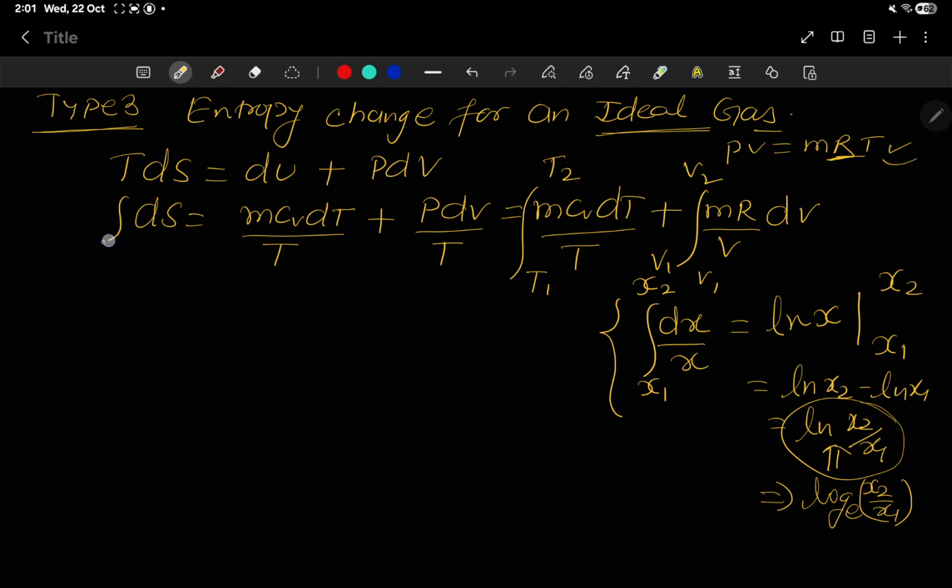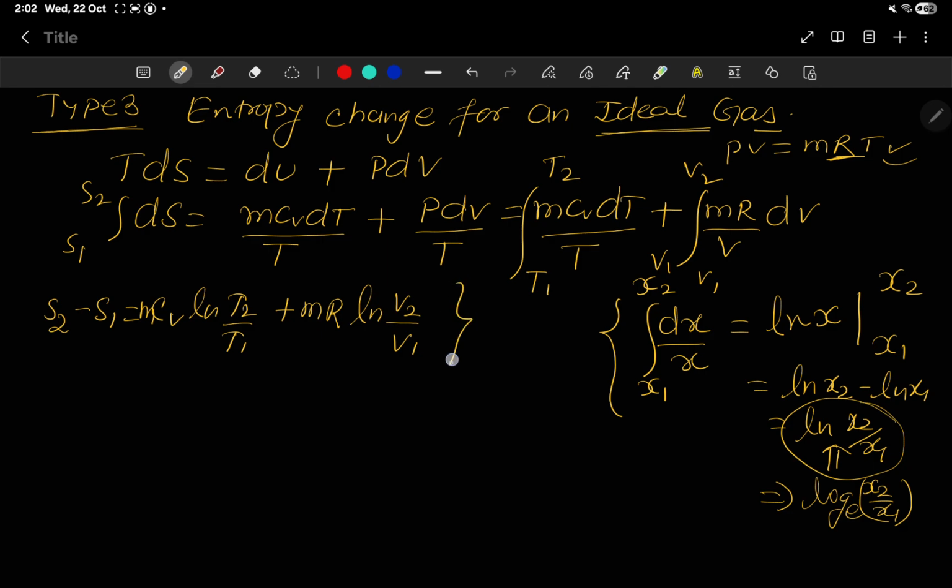Finally we will get S2 minus S1 equals m Cv ln T2 by T1 plus mR ln V2 by V1. This is for entropy change.